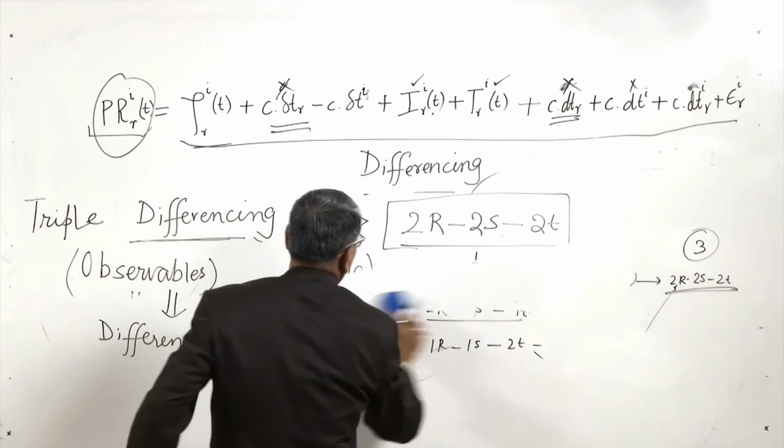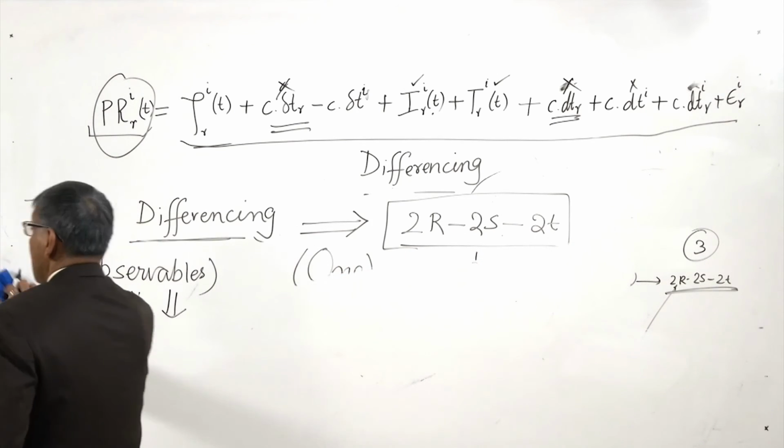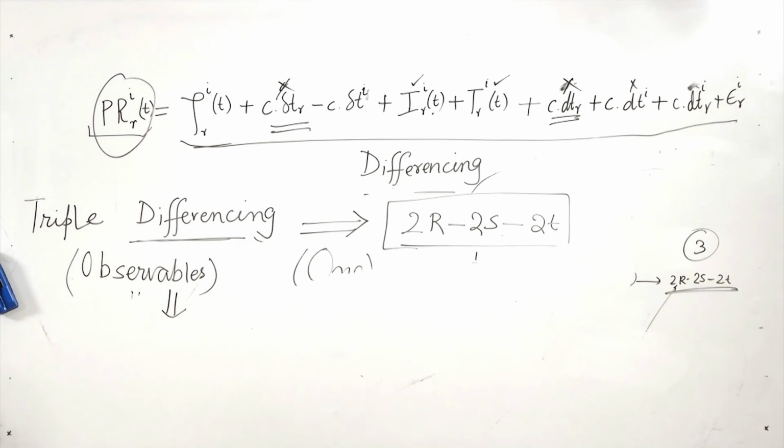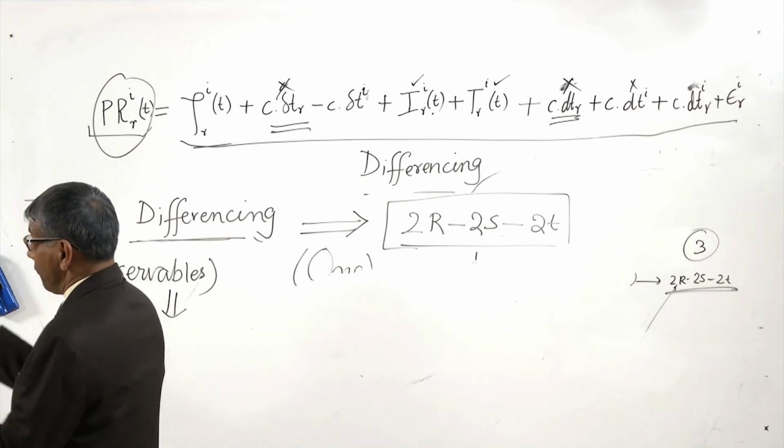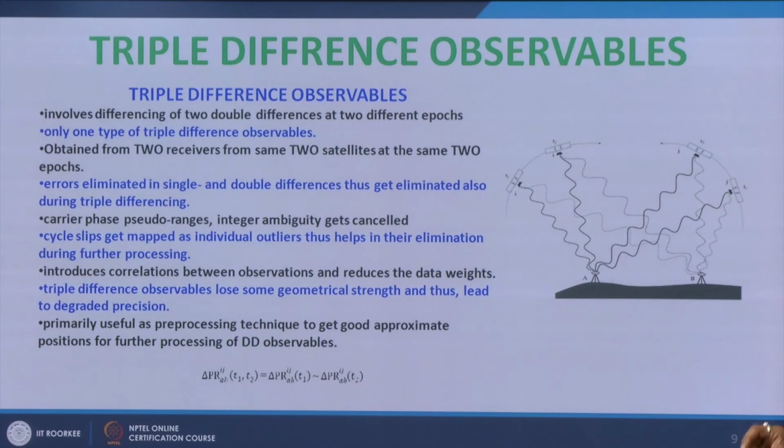Now these triple difference observables, as we have seen here, involve a lot of reduction in data. So the geometric stability of the satellites, which we define by DOP value, will be much deteriorated.